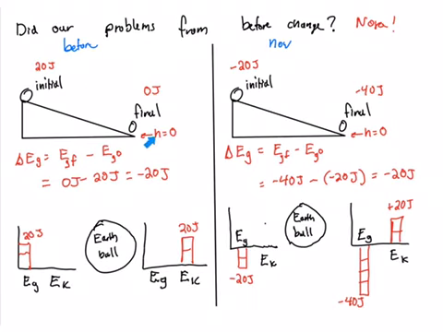Let's say we wanted to find the velocity, which is inside of this EK. The change in EG is always final minus initial. So between the initial and final states of the system, there was a change in EG of negative 20. Where did that go? Well, it was stored kinetically. Okay, so that's like an old problem.